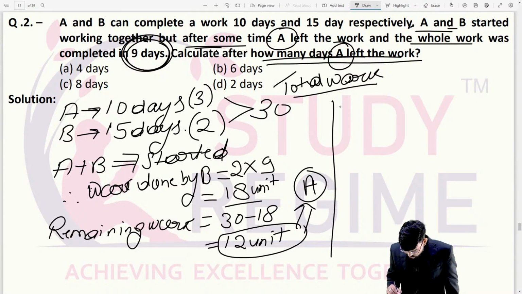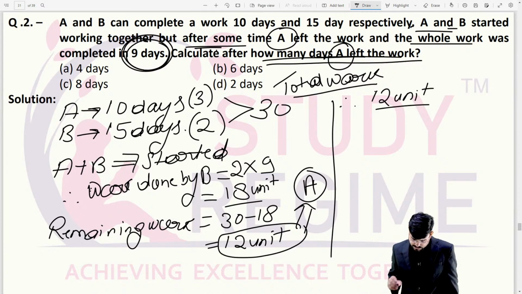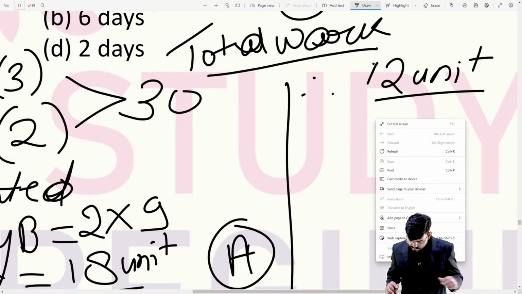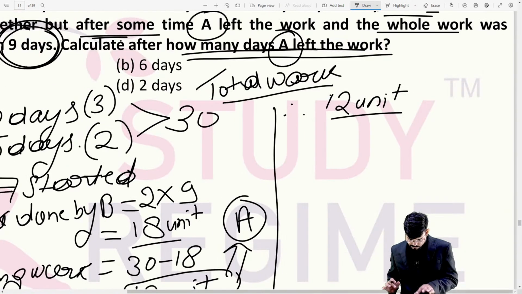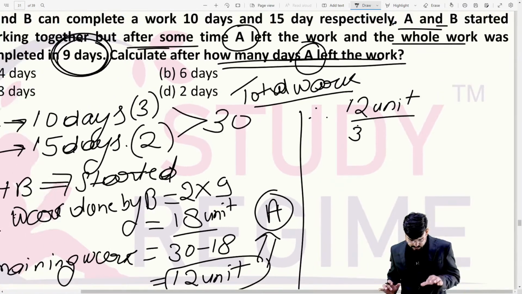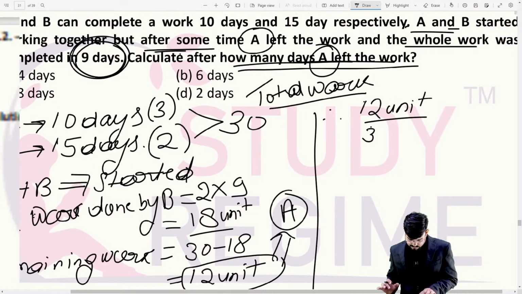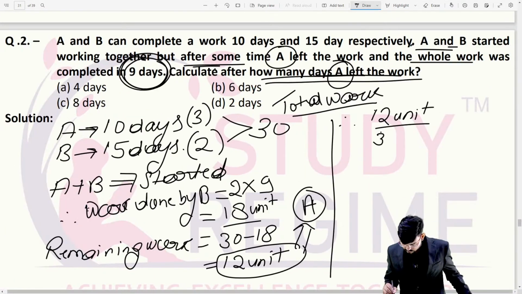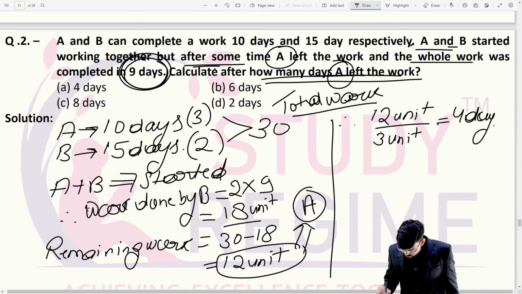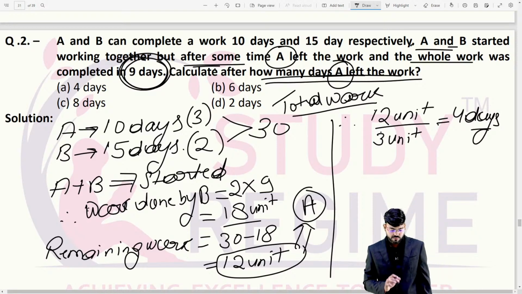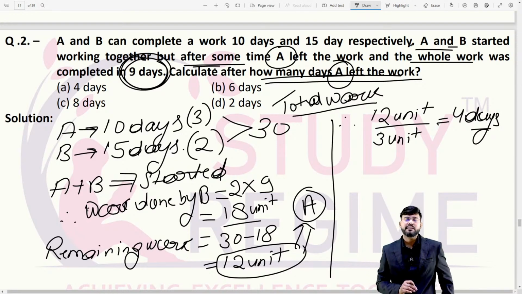So 12 units of work will be done by A in how many days? Since A is doing 3 units of work, how many days will he take to complete? 4 days. 12 units of work will be done by A in 4 days.